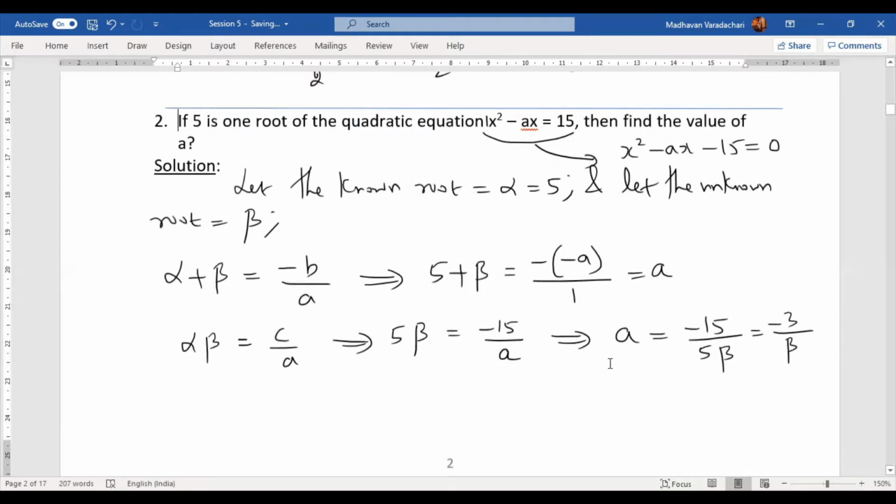Just a minute. We know here A is alpha plus beta, minus B by A. So it is A. Okay. Here it is C by A. This A is nothing but 1. Let me rub it and rewrite it.